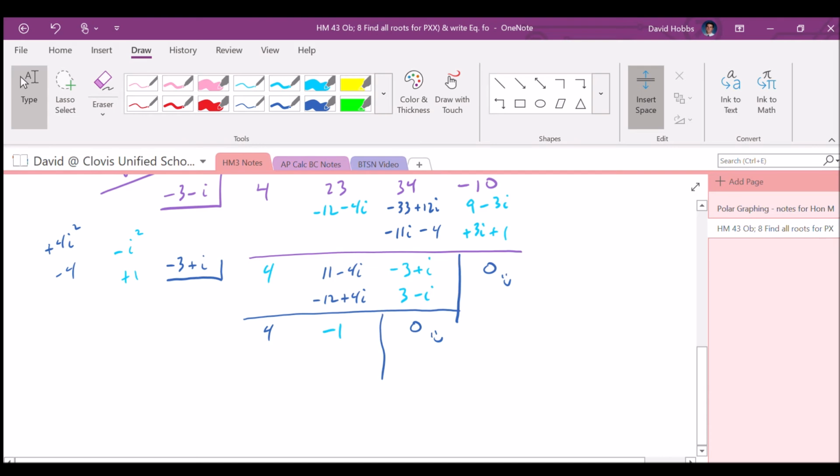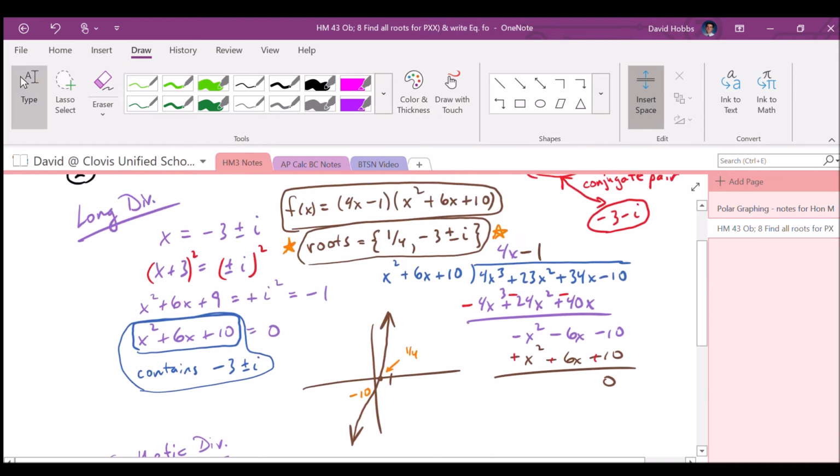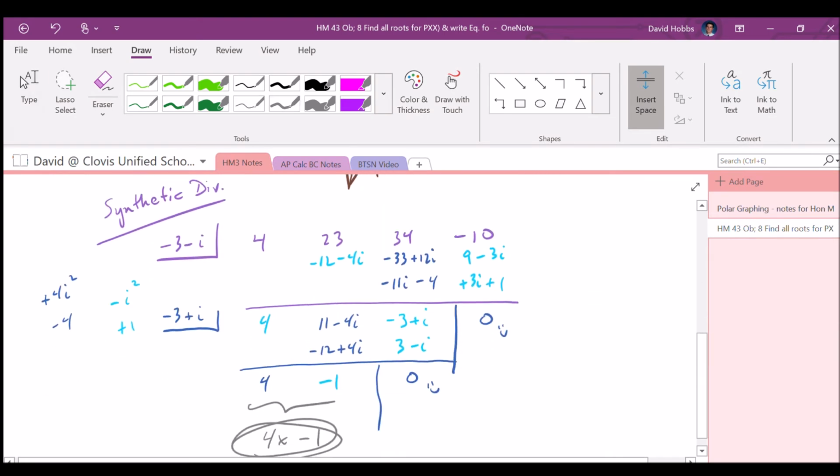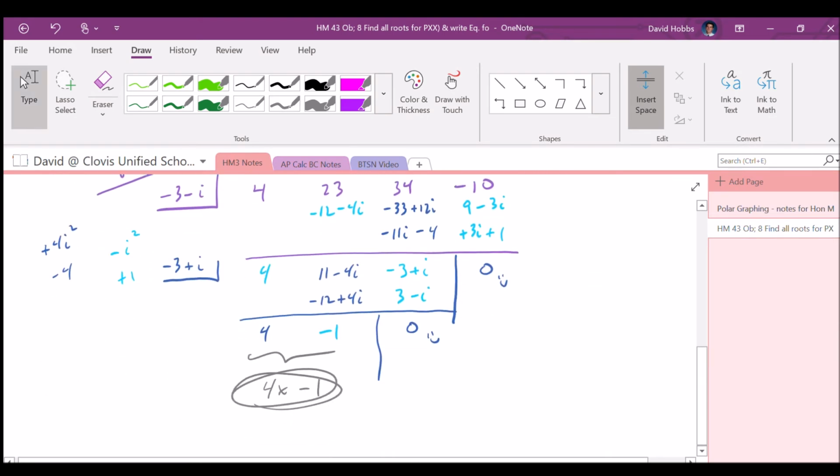Now that we've done that, what are we left with here? We're left with 4x minus 1. And that's what we got up here as well when we did division. And so, which way is better? They're both better. Both of these methods are fine.